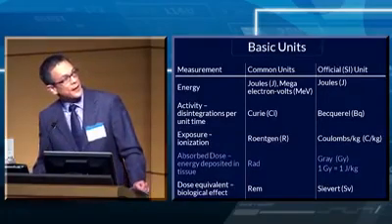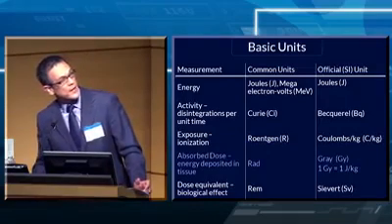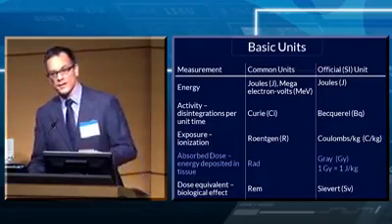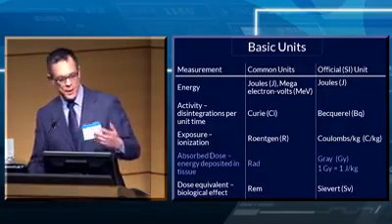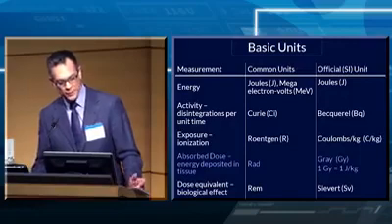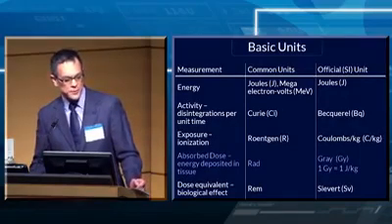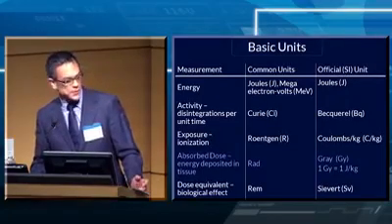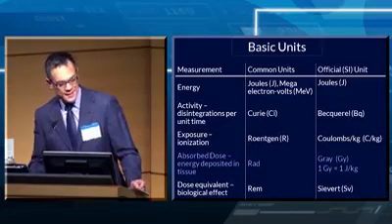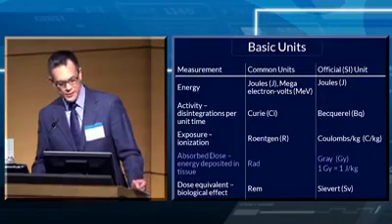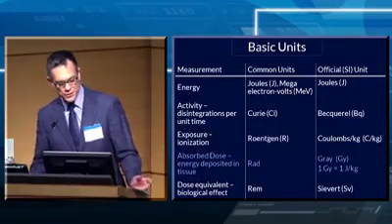There's the notion of energy, which is in units of joules; activity, which, if you have radioactive material, is how active it is, so how many disintegrations per unit time, in units of curies or becquerels; exposure, which is how much ionization the radiation is causing, in roentgens or coulombs; absorbed dose, which is the one you're most interested in and probably most familiar with, which is these days usually in units of gray; and then biological dose equivalent.